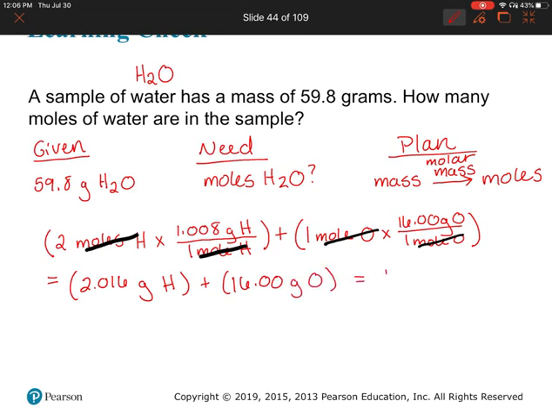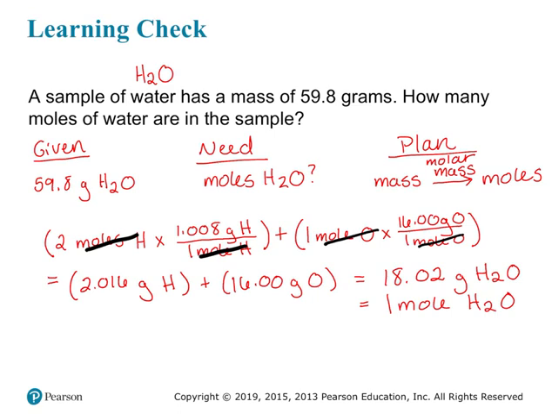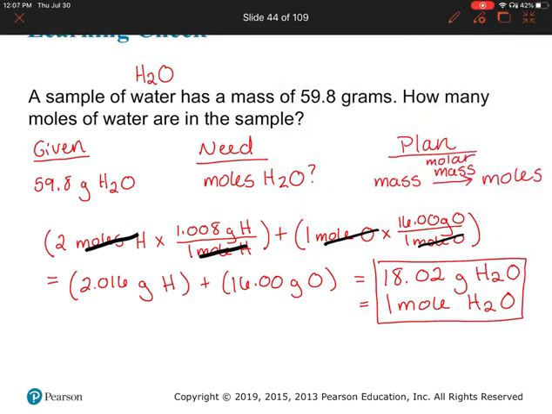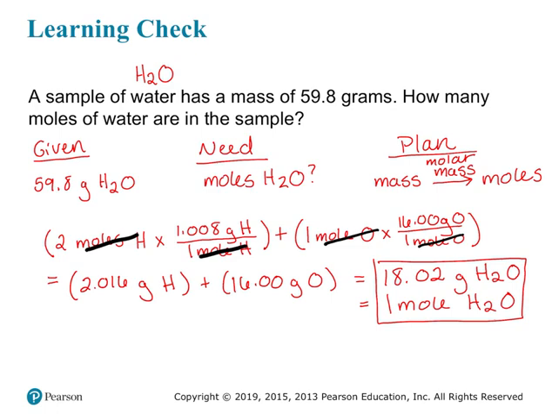So that will equal 18.02 grams of H2O, which also equals 1 mole of H2O. All right, so we have the molar mass of water. So now we're going to use that relationship in our next step.